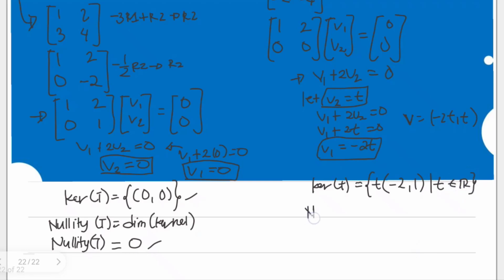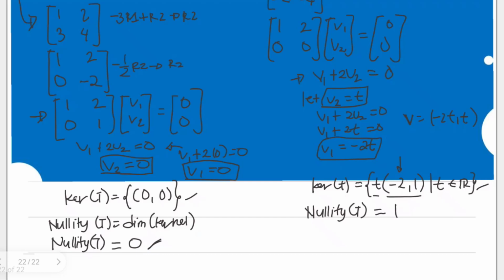The nullity of T talks about the number of vectors that can be found here. Of course, there are infinitely many because your t can take any values, but just for the specific kernel here, the nullity of T is 1 because there's only one vector here, that's negative 2 and 1. So again, earlier, since the kernel contains only the 0 vector, the nullity is 0.